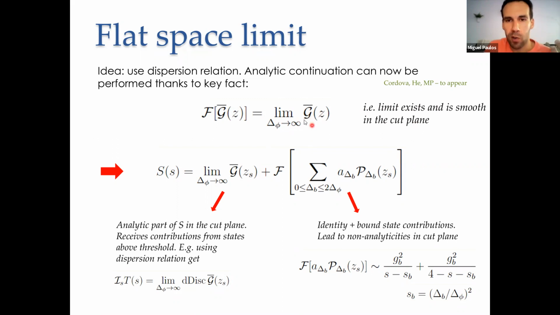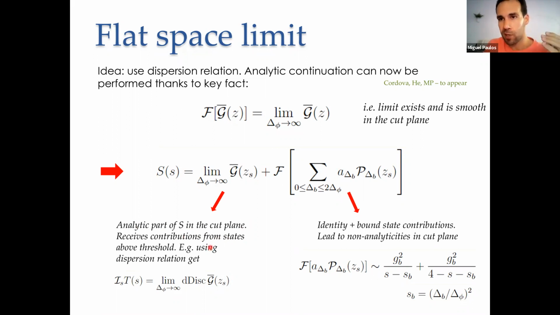We're going to split the correlator into the subtracted correlator plus the subtractions. The flat space limit of this one is easy. And it turns out the flat space limit of these is also relatively easy. So the S matrix decomposes into two pieces, this piece and this piece. This piece is the part of S which is analytic in the cut plane, and it receives contributions from all states above threshold. So for instance, you can use the dispersion relation that I wrote down, the CFT dispersion relation.